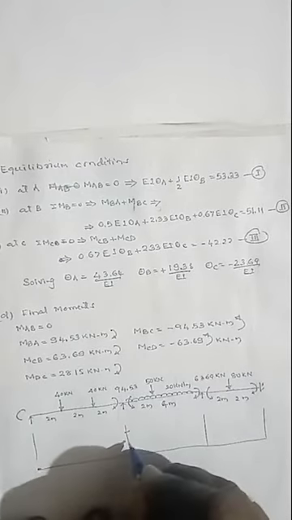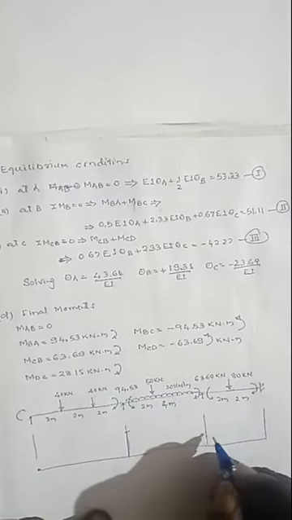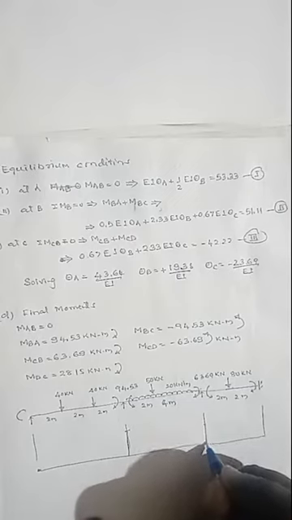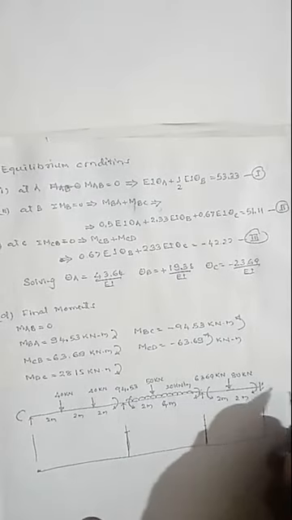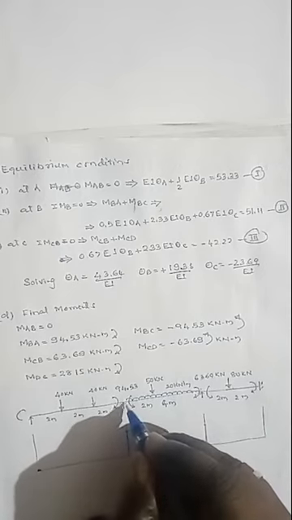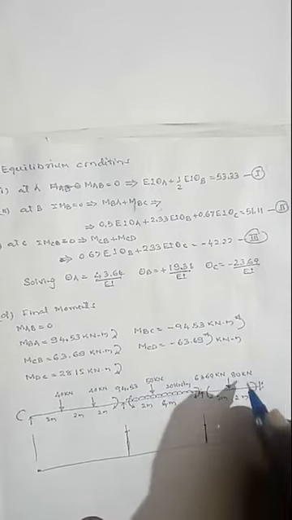Here I will represent this moment by an ordinate of 94.53, and this support moment by an ordinate of 63.69. These are all the hogging moments at all the supports. Support A is 0, support B is hogging, support C is hogging, support D is also hogging.